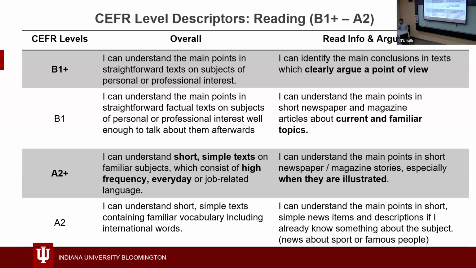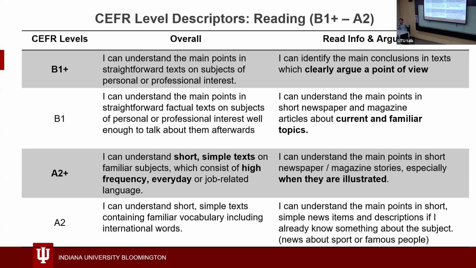So B2 readers understand some complex sentences when the idea is not clearly stated. But at B1 level, you can understand the main ideas in a text where the point of view is clearly stated. I think similar level descriptors can be found in B1 here, right?